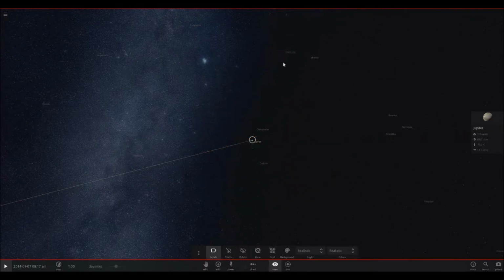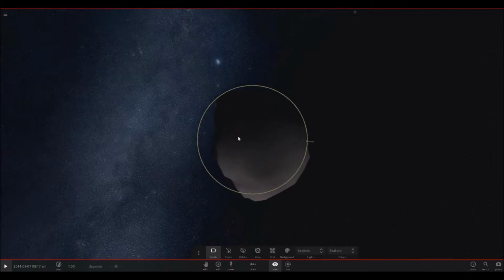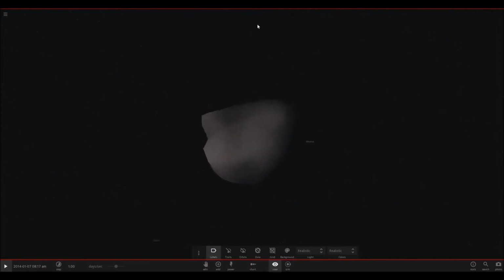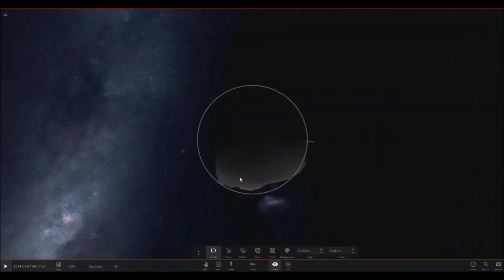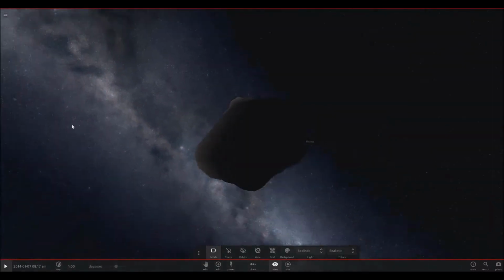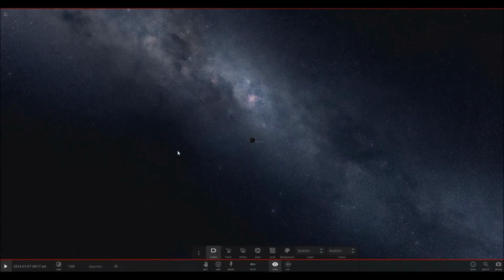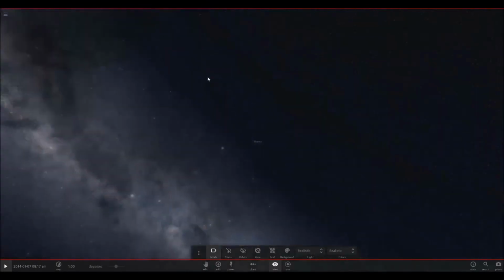We can zoom in and have a look at a couple of them. So it's just a hunk of rock, nothing too interesting. I don't know quite how much we know about the moons of Jupiter. We must be looking the wrong way. There we go. I know that there are some of the main ones.